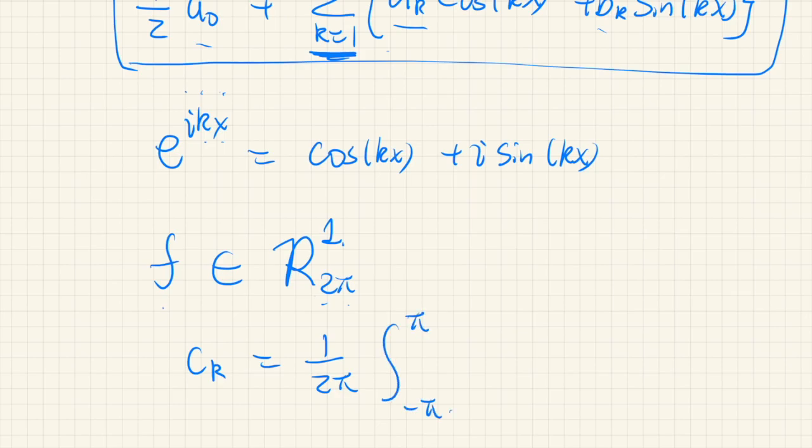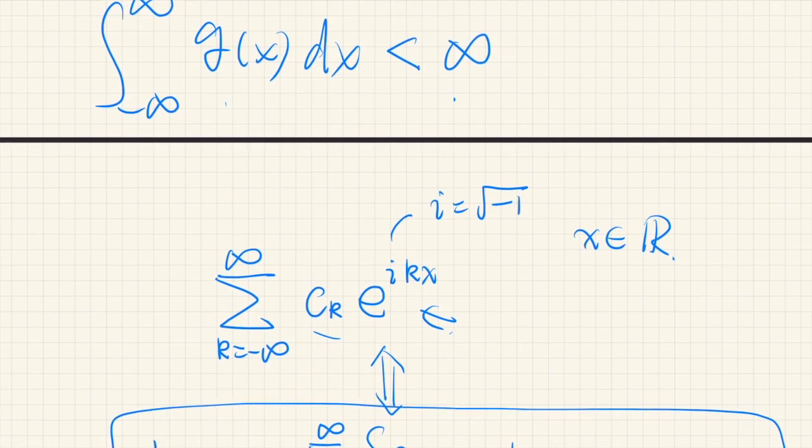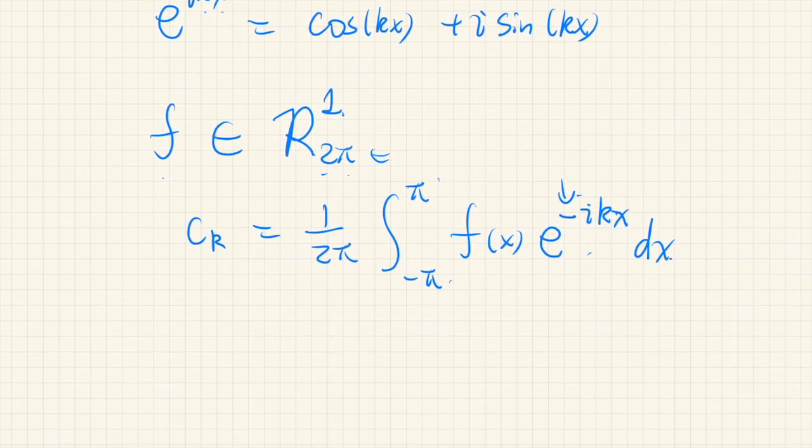So this can be 0 to 2π, but it's just a periodic function, so this is okay. And f of x times exponential of negative i kx dx. So note this negative sign. So rather than this positive exponent, we have negative exponent here.